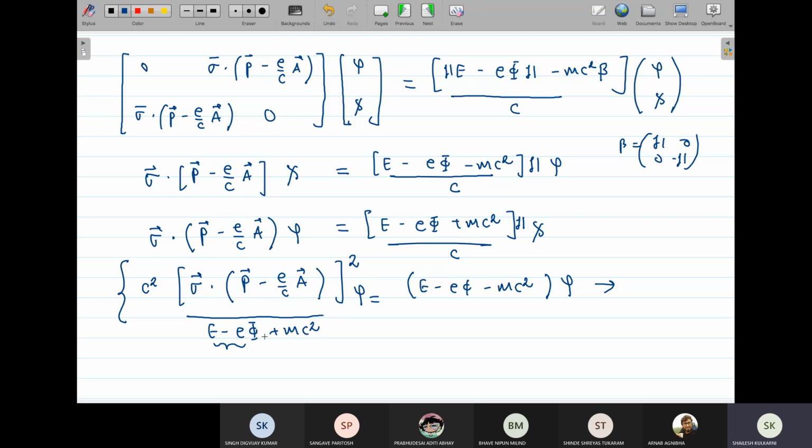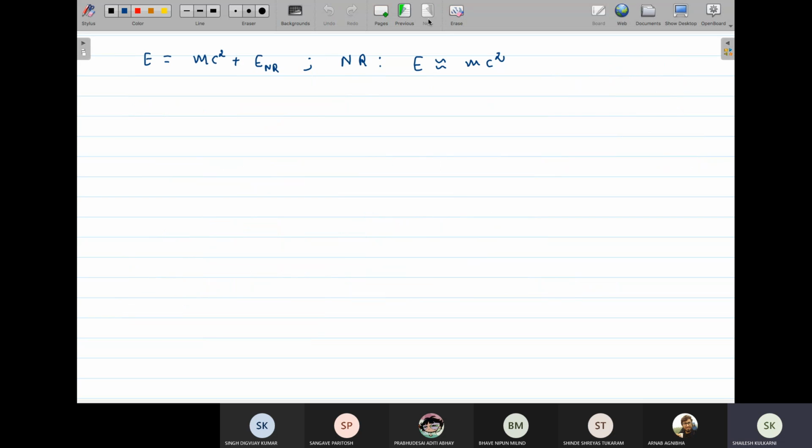So we will assume that e phi is also less than mc square, though this can be negative. So this is my non-relativistic approximation. ENR is much less than mc square, so the total energy is only the rest energy.